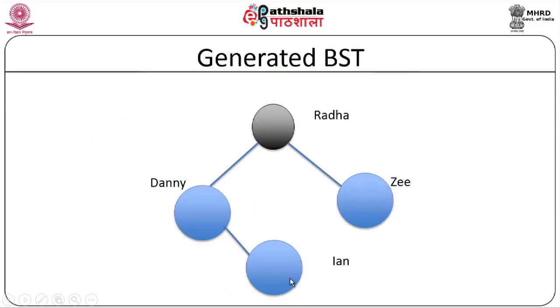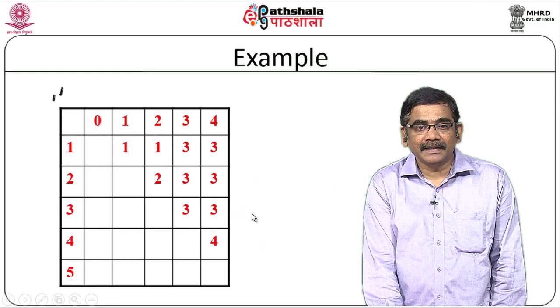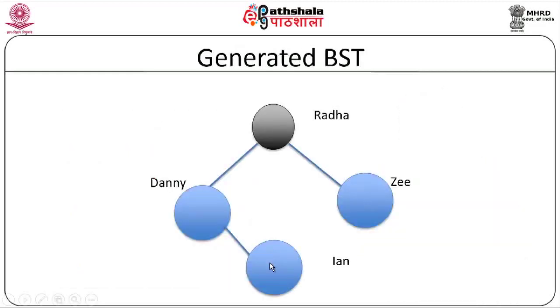From this table we can find the corresponding entries, and using which we can find the right child for these things. In other words, this is what the generated BST is going to look like. So, from the minimum k we can easily construct how the binary tree has to be constructed.